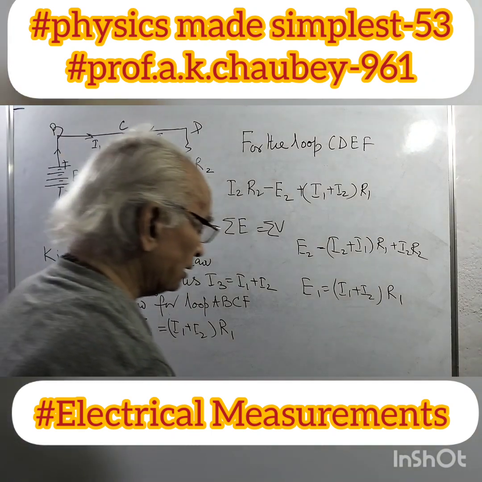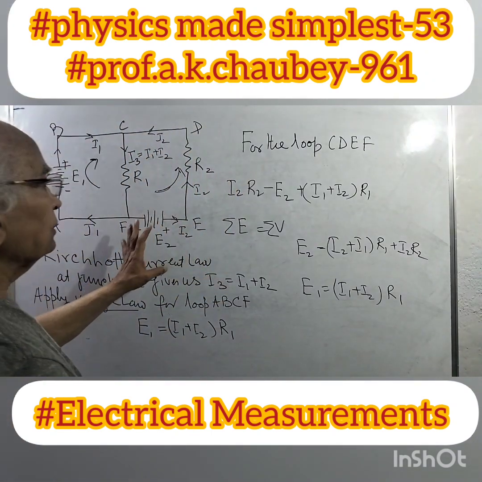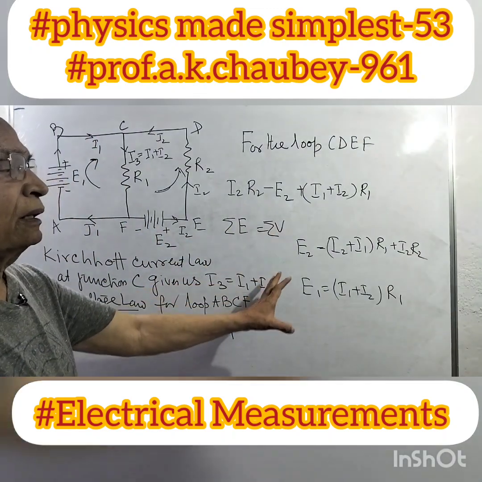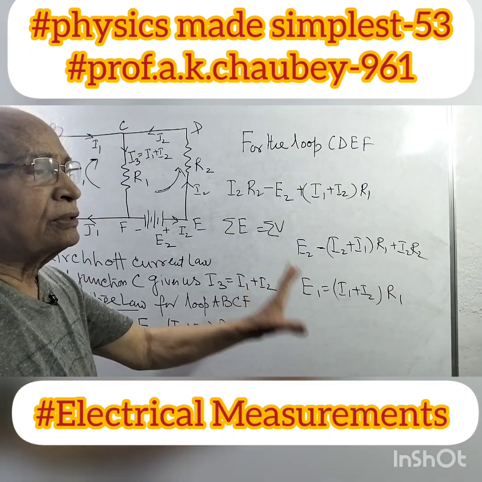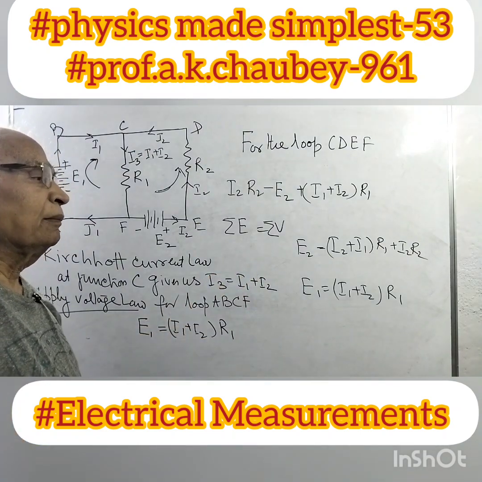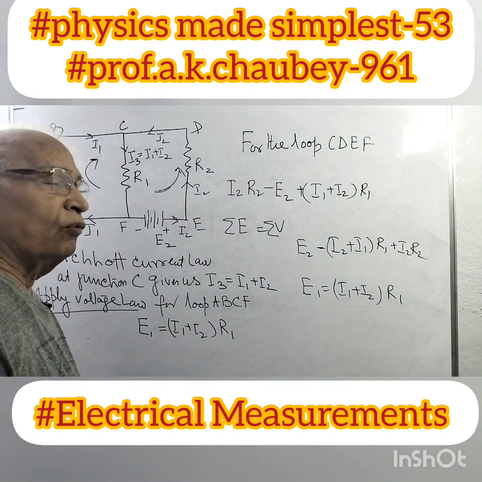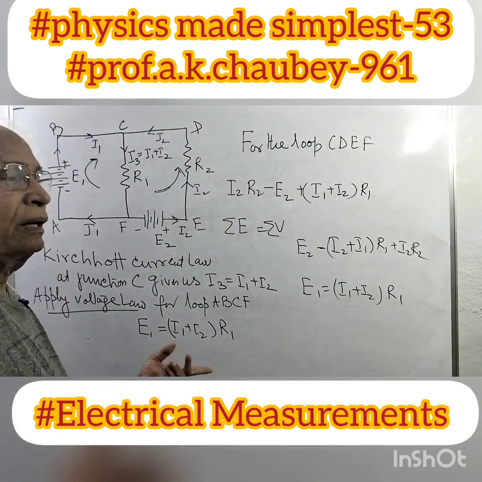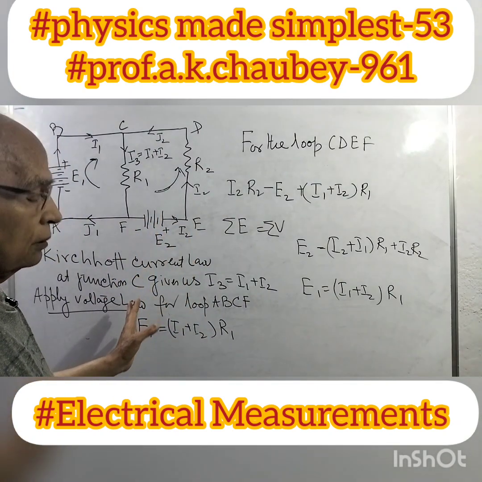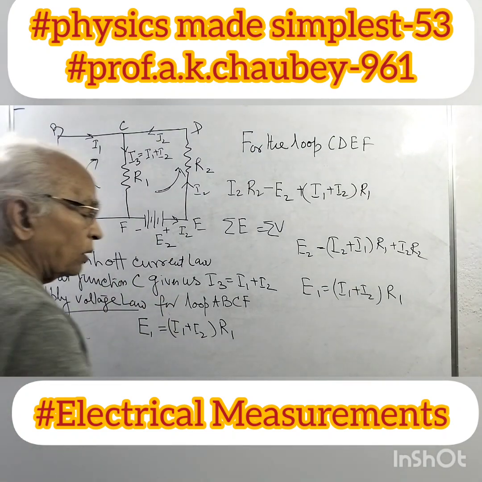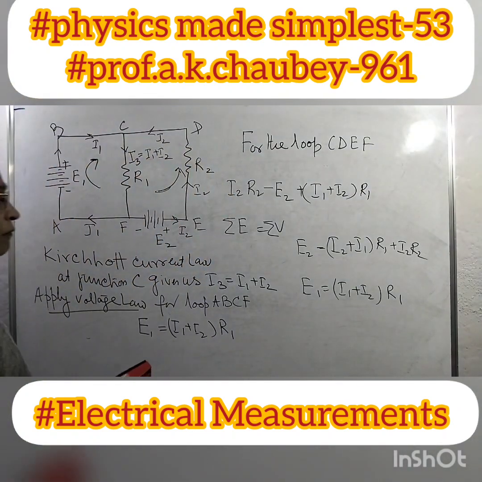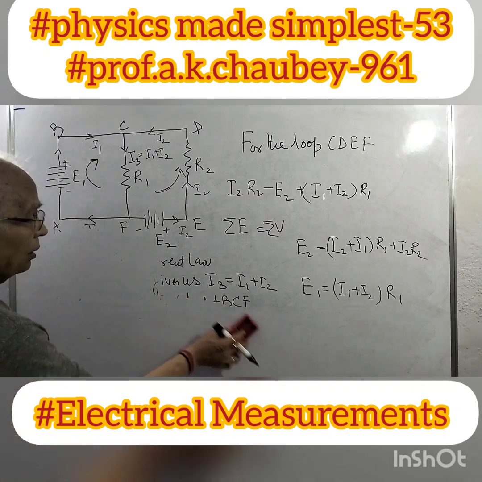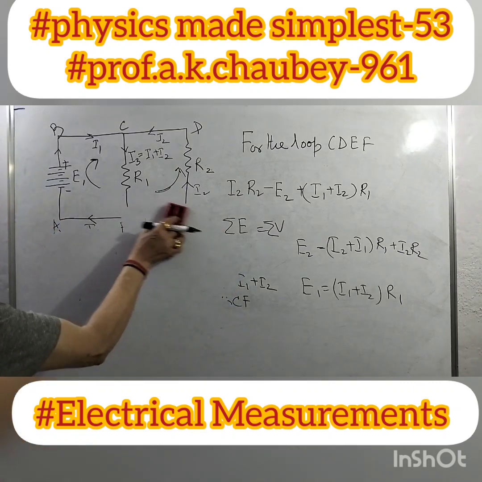In this way, using Kirchhoff's current law and Kirchhoff's voltage law, we can write algebraic equations and solve them to get the unknown. Only one unknown parameter must be there, maybe one current in any branch, that we can get. So Kirchhoff's laws are very useful to solve DC circuits.